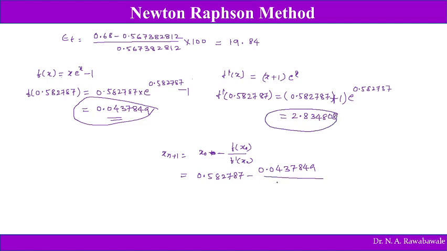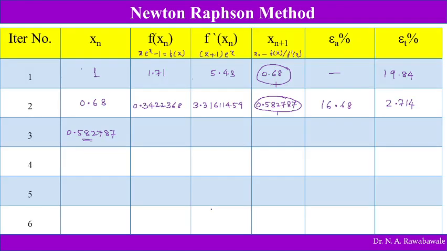So in the denominator 2.834808. On simplification this yields 0.567341. So now we substitute this first value, second value and third value in the table. So the revised approximation x n plus 1 is nothing but 0.56.